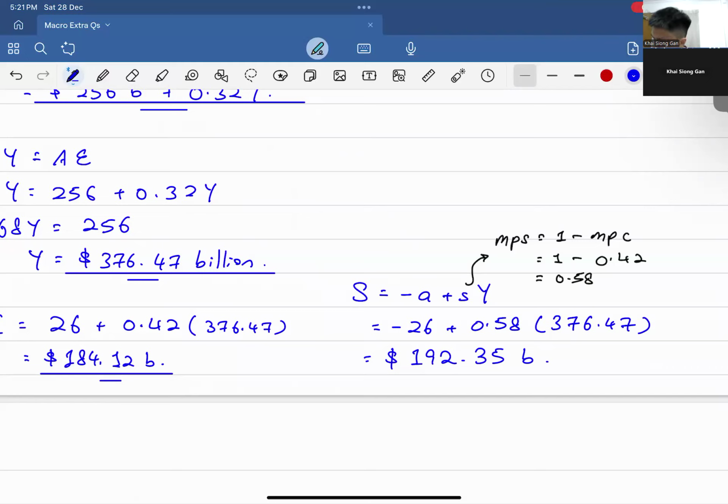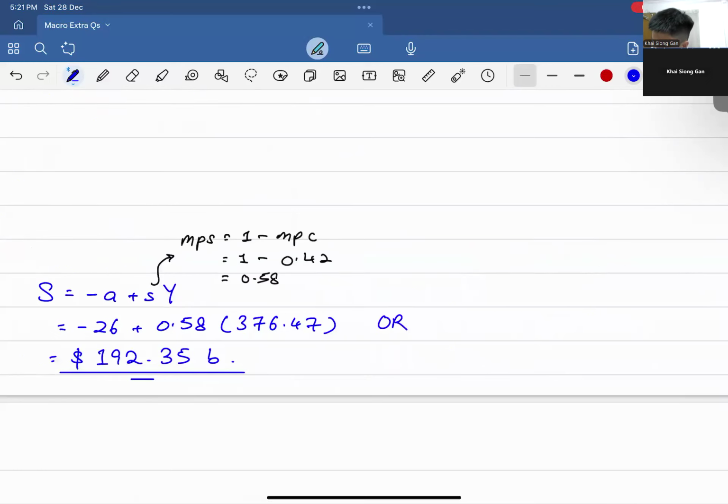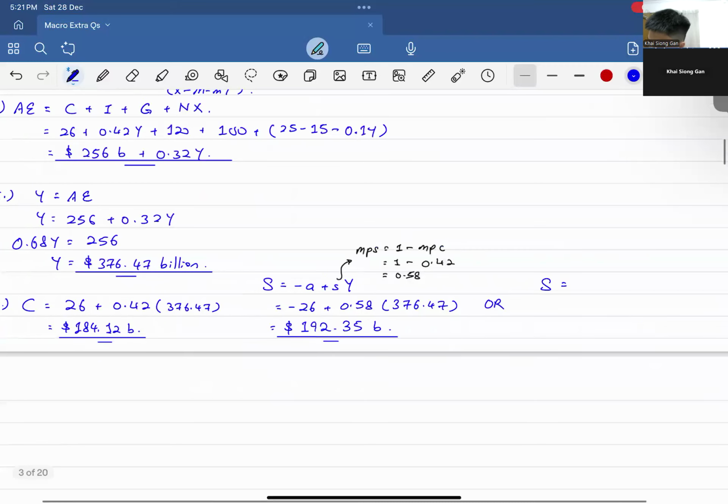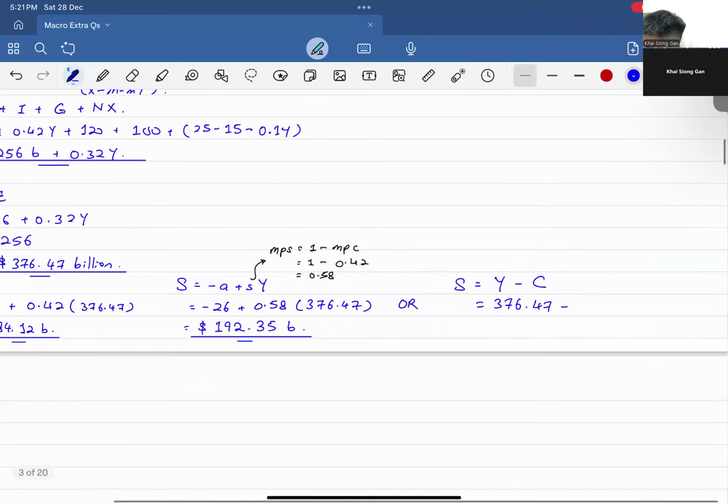So 192.35 billion. Another method is I can just use the output: total income output minus consumption. So total output is 376.47 minus 184.12.